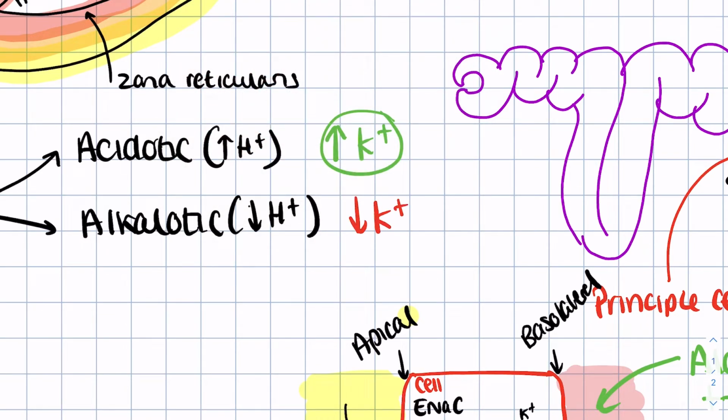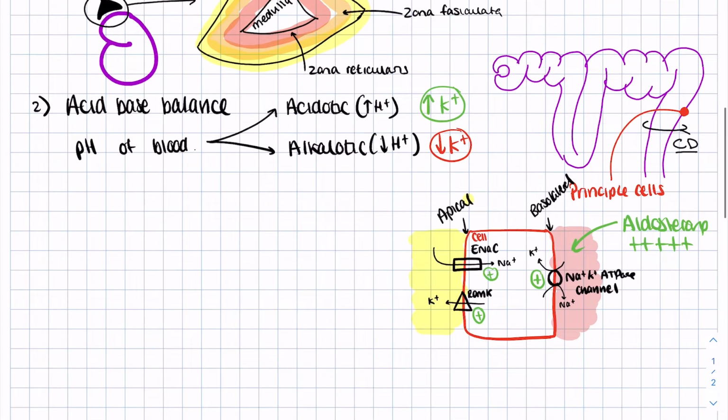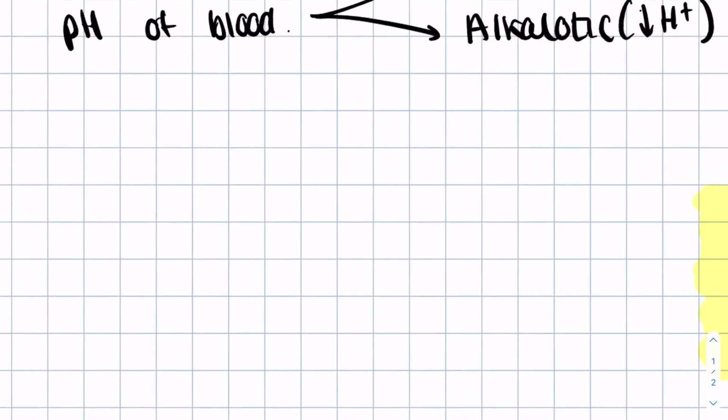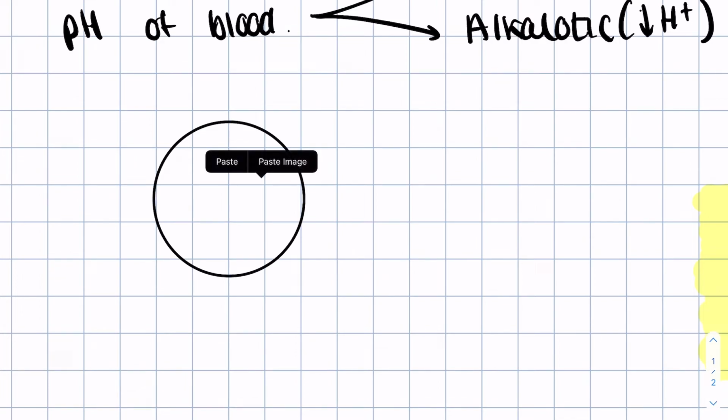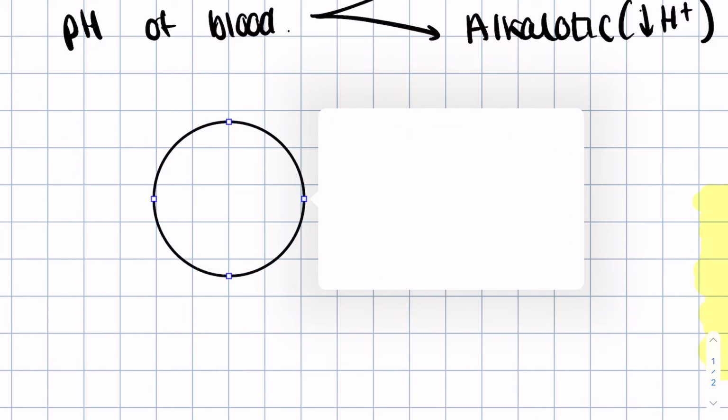And I have quite a simplistic way of remembering this, and I apologise if it's not the most scientific approach to this, but it helps me remember why this is the case. So if I just draw a cell here, there we go, got there in the end.